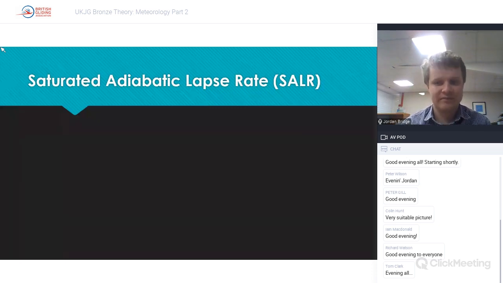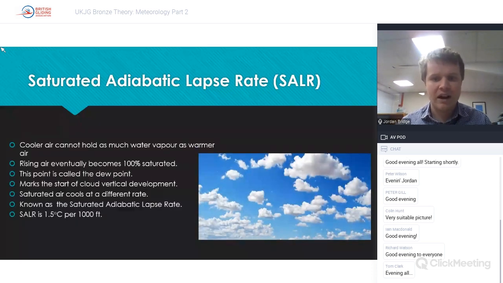That is called latent heat, which warms the air, and the lapse rate and the change reduces. Therefore, the saturated adiabatic lapse rate is more like 1.5 degrees per 1,000 feet. And as I was just saying, that's because cooler air cannot hold as much water as warmer air.